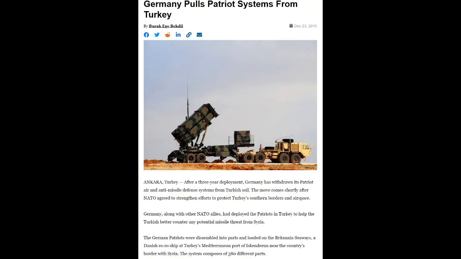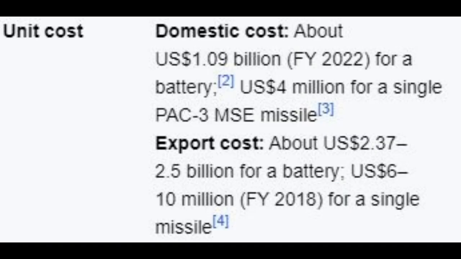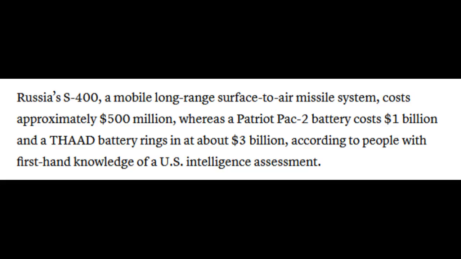They were fed up with that, so they wanted Patriot systems, and the US was reneging on selling them. Turkey said they were way too expensive, so they decided to shop around, and they got the S-400 missile defense system from Russia.